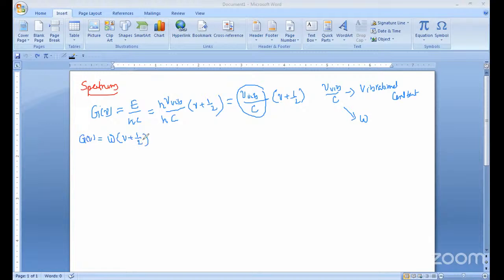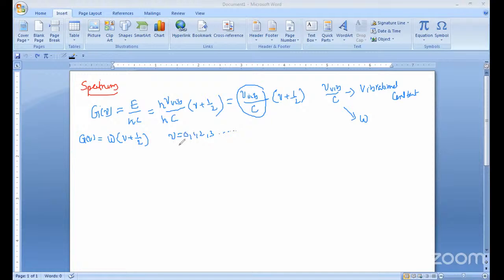Okay. So here the values of this nu can be taken like 0, 1, 2, 3 and so on.